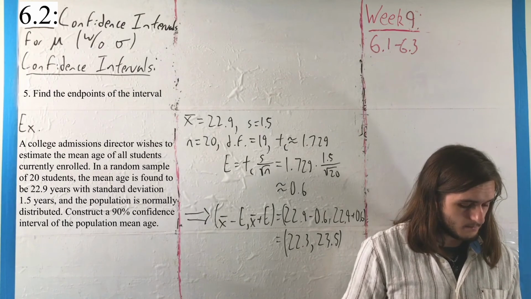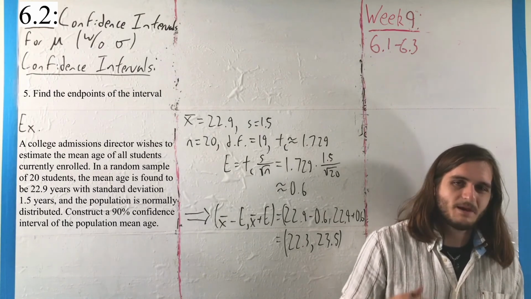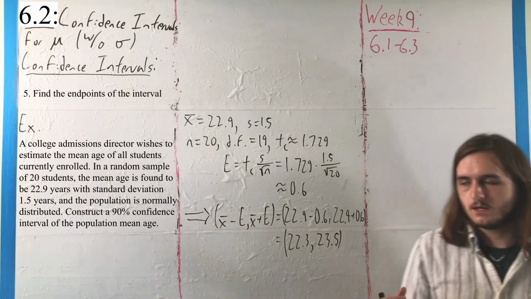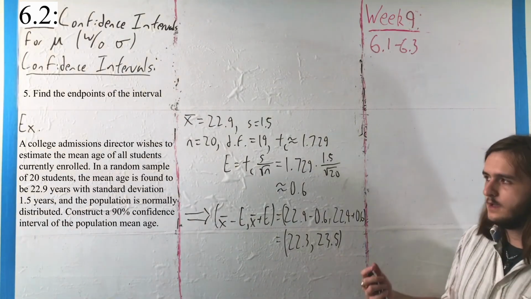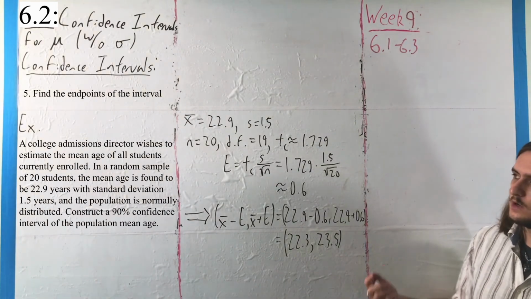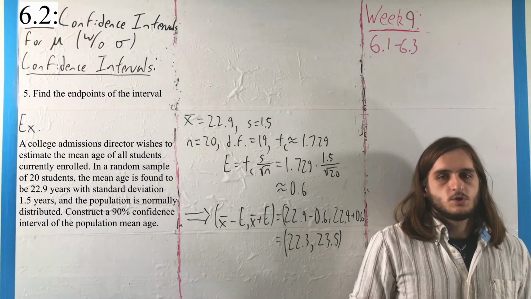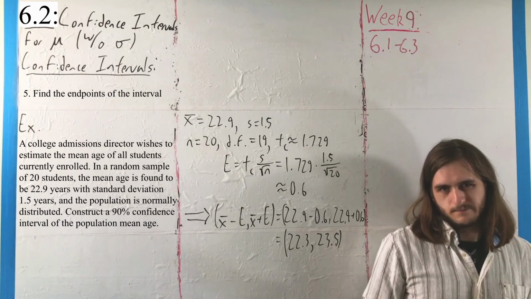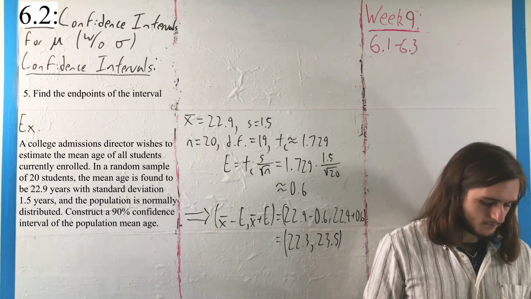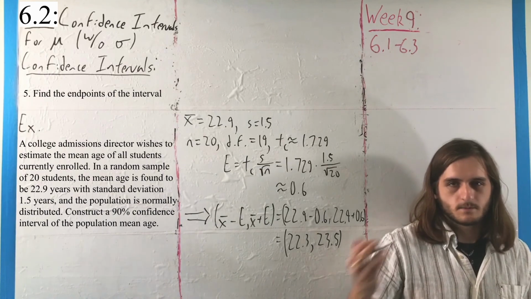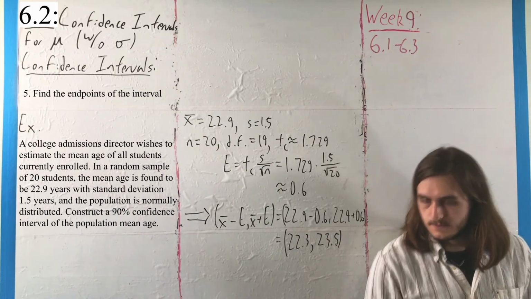What it means is something more along the lines of we would expect 90% of appropriately drawn intervals like this, that is, intervals drawn from the same sort of sample, to contain the mean. Although, realistically, in practice, we do take it to mean something close to what that former thing says.